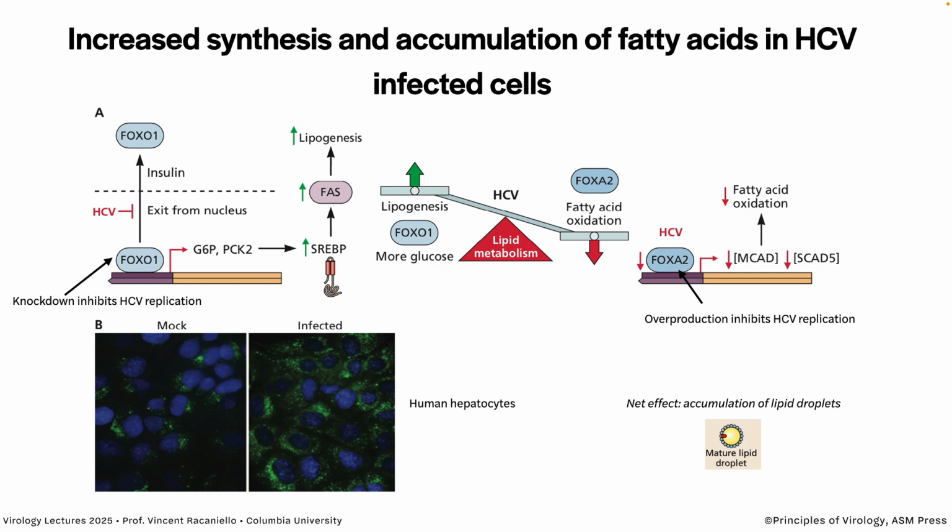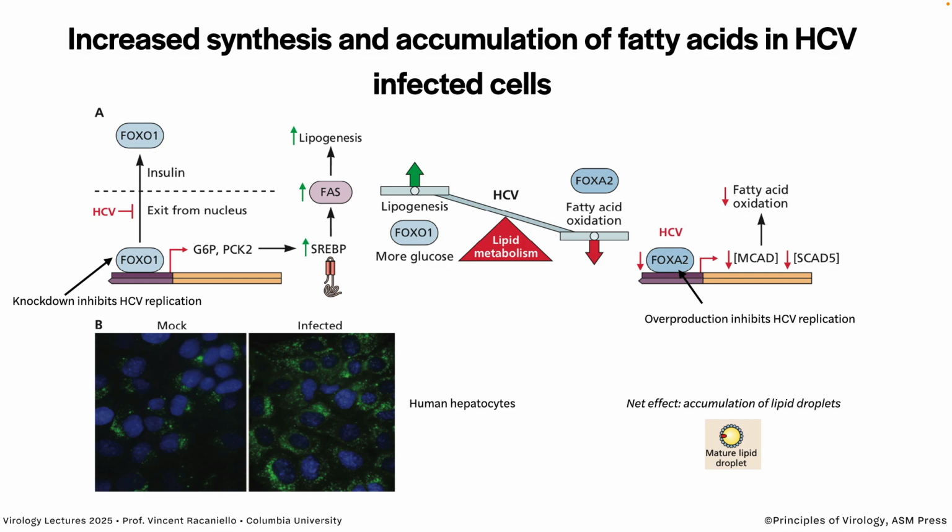Now, the synthesis is shown on the left. FOXO1 is the transcription factor that is needed to make the genes involved in lipogenesis, including inducing SREBP1, our friend from the previous slide, and fatty acid synthase, leading to the synthesis of lipids. And so HCV infection induces FOXO1.